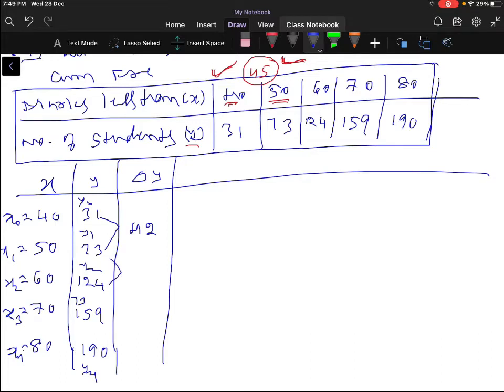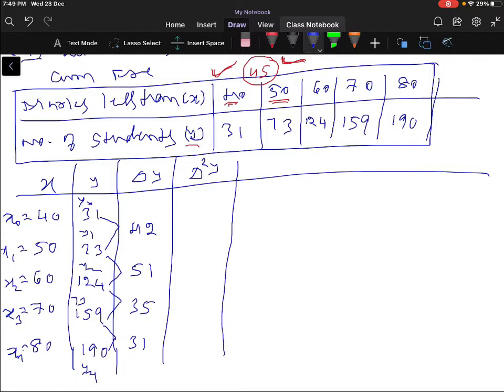This is the delta y naught value. 124 minus 73 is 51. Similarly, 159 minus 124 is 35. 190 minus 159 is 31. So these are the values of the first forward differences.